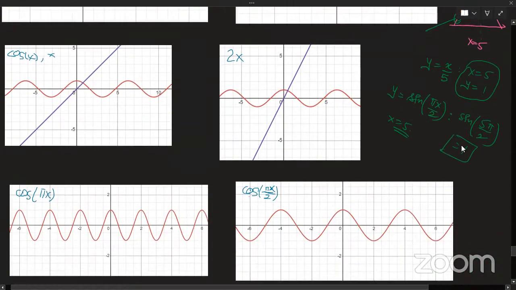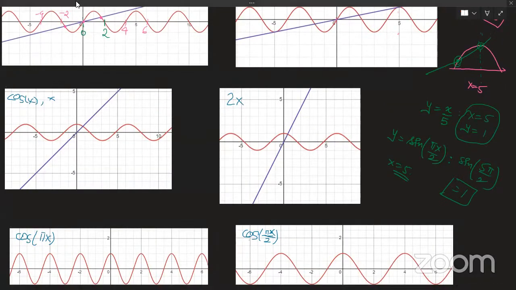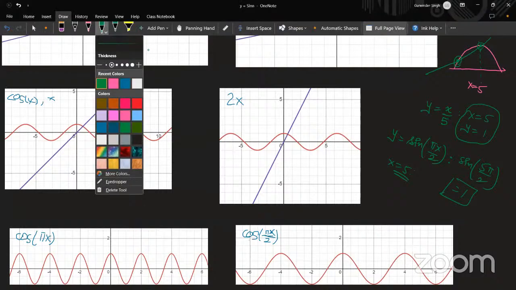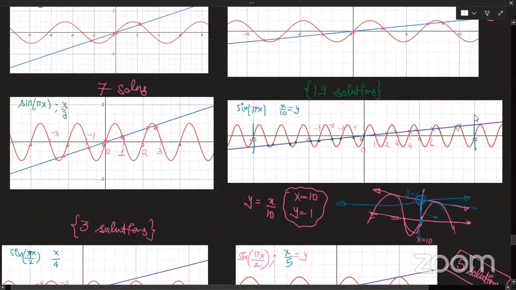Because you are not answering such questions, I need the knowledge of trigonometry now. Sine of pi x by 2 when x is 5. I need you all to answer such questions. If you won't be answering, it will be difficult from my end to continue. So just apply your trigonometry knowledge here.